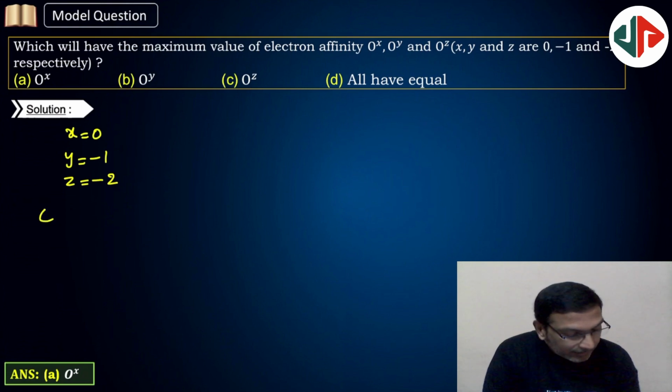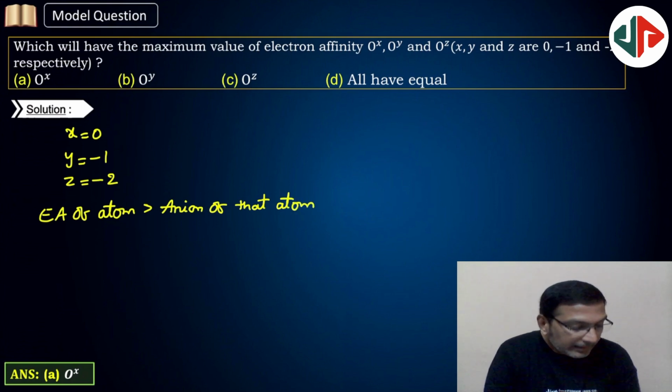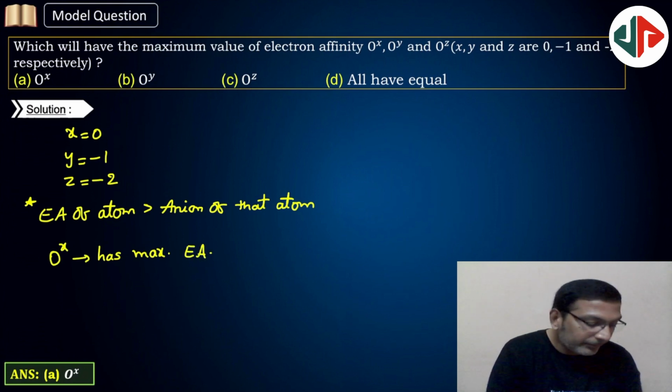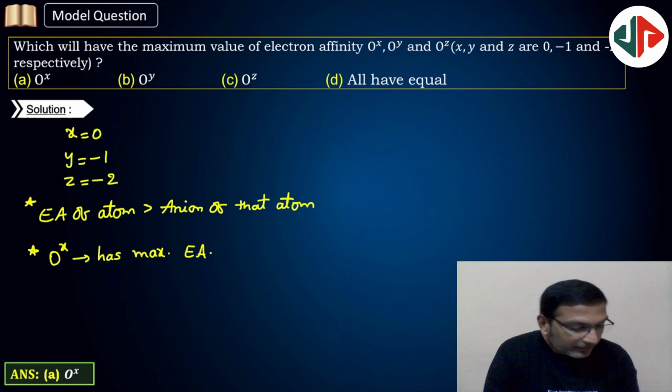So we know electron affinity of an atom is greater than that of the anion of that atom. So therefore O^x has maximum electron affinity. Therefore option A.